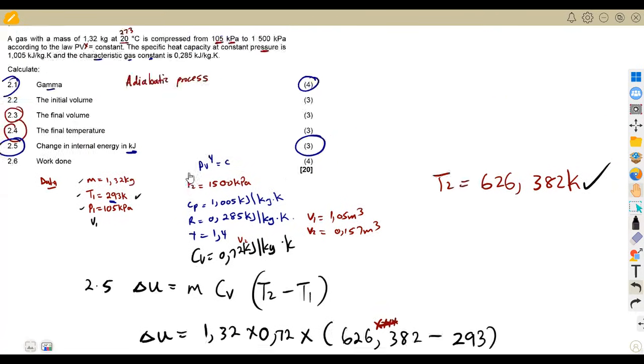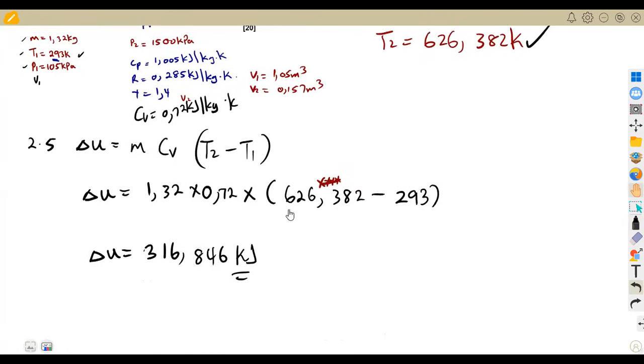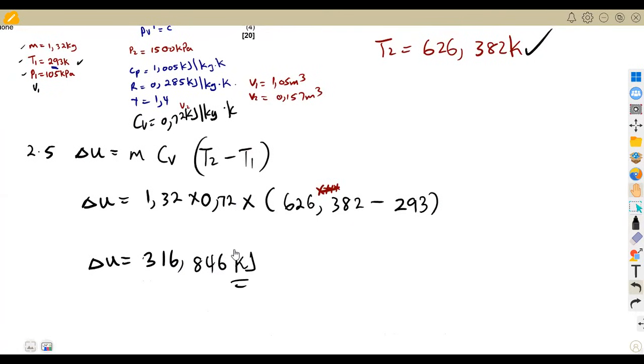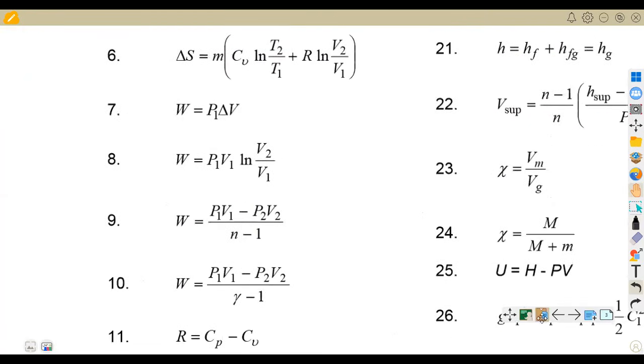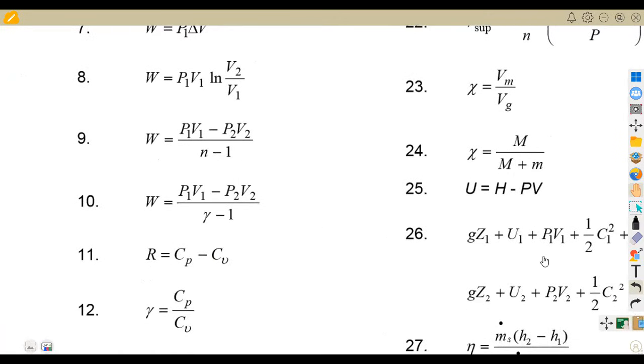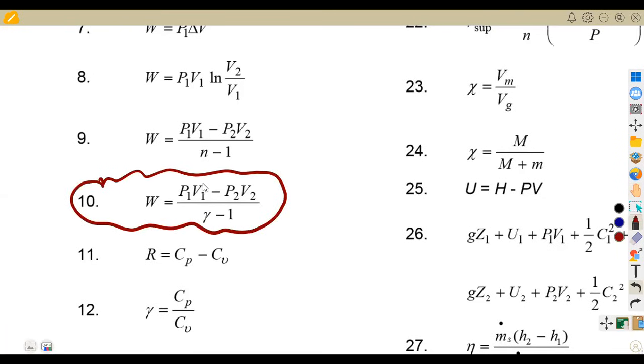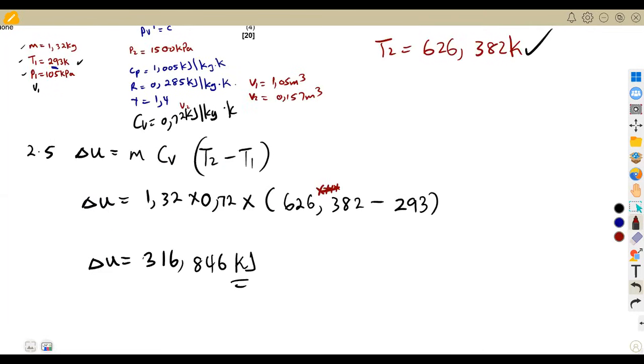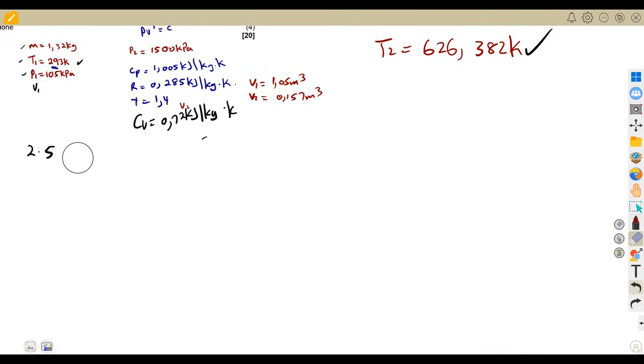Then the last question was to calculate the work done, which is 4 marks. From all this information, where can we obtain the work done? There are so many formulas that we can use for the work done. I'm just going to take this one, number 10, work done equals P1 V1 minus P2 V2 over gamma minus 1. Since we have got the gamma, I'm going to use this last one. So that's 2.6. We said our work done is P1 V1 minus P2 V2 over gamma minus 1.